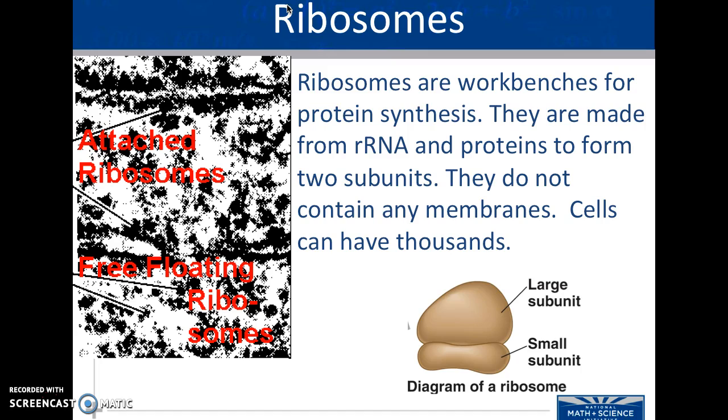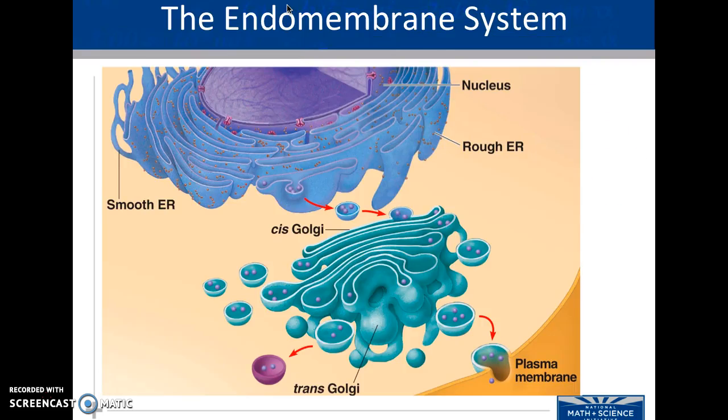Not only is it made of protein, it makes proteins. They do not contain any membranes. Cells have thousands of these because we are making proteins all the time. If you remember, the mRNA runs through the large subunit and the small subunit, and it reads the codons, and it creates the amino acid sequence.